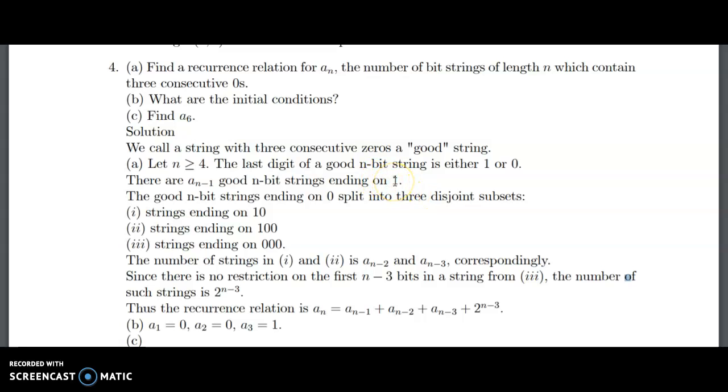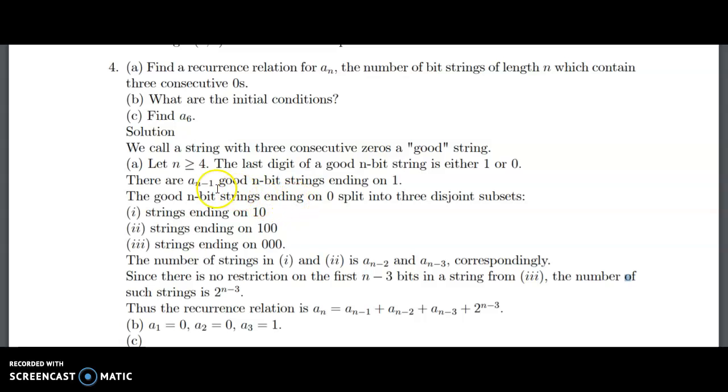If it is 1, then we have a sub n minus 1 good n-bit strings, because if we write 1 at the end of each good string of length n minus 1, it becomes a good n-bit string, and vice versa. Any good n-bit string that ends with 1 can be obtained this way.